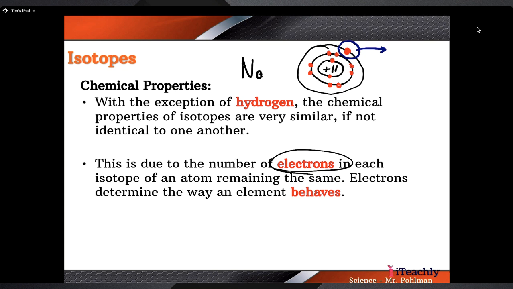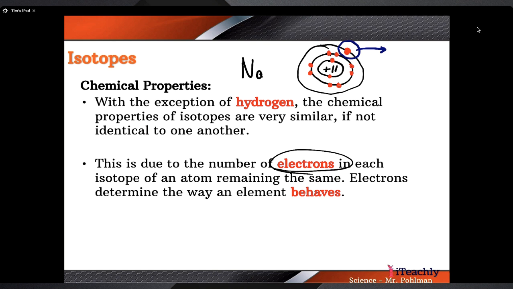It wants to lose it rapidly, so that it has an octet of electrons, with the second energy level containing 8. So all these sodium atoms are going to react violently with water, giving up that 1 electron, usually forming the ionic bonds associated with metals.